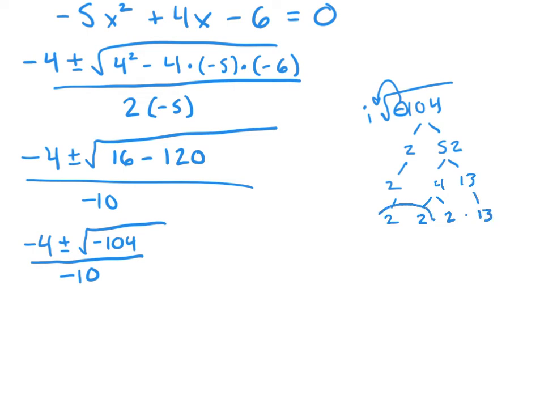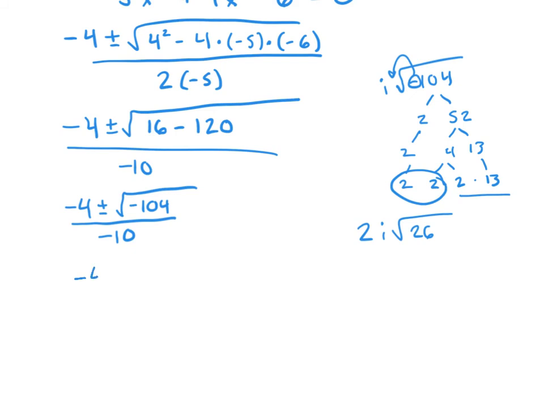So I take out all of my pairs. So I'm going to have a 2i on the outside, and what am I left with on the inside? 26. So 2 times 13 on the inside. Everything that doesn't have a pair stays on the inside.